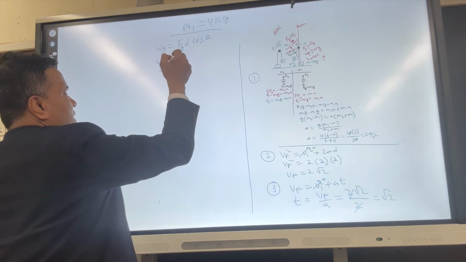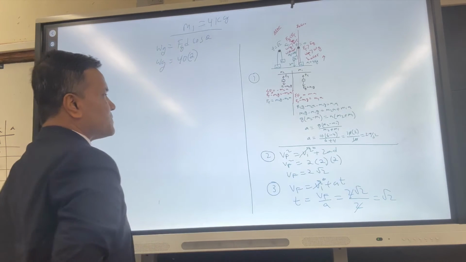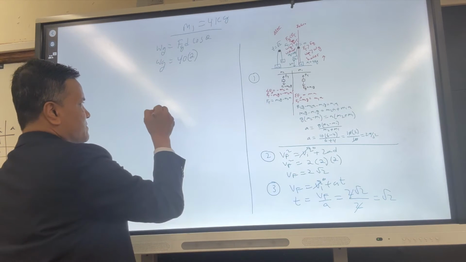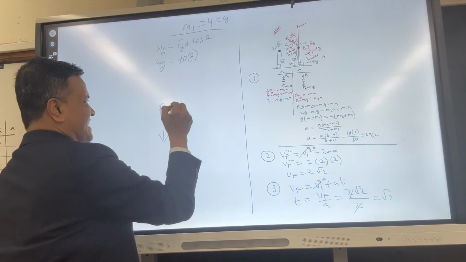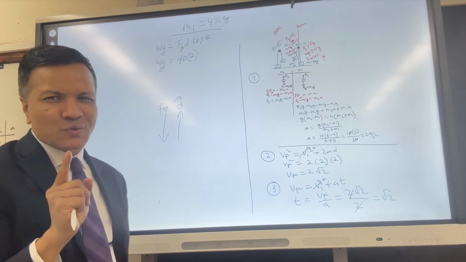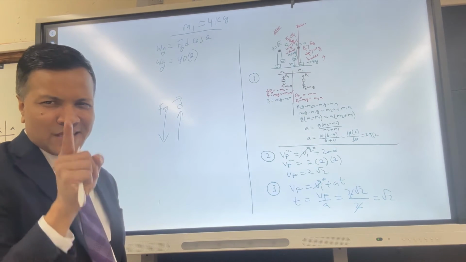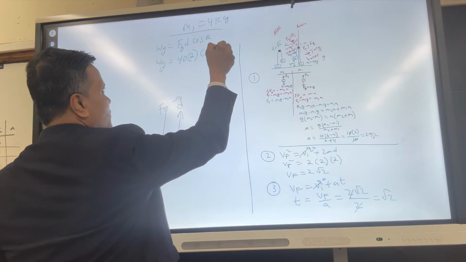So 4 times 10 is 40. D is 2, remind you. This is the direction of FG. This is the direction of d. Okay, they're opposite to each other. So rule number 2 tells us if they're opposite to each other, then negative work is done. Cosine 180.